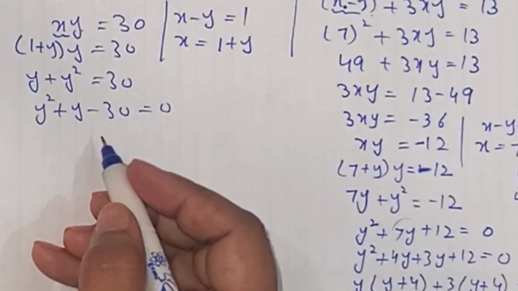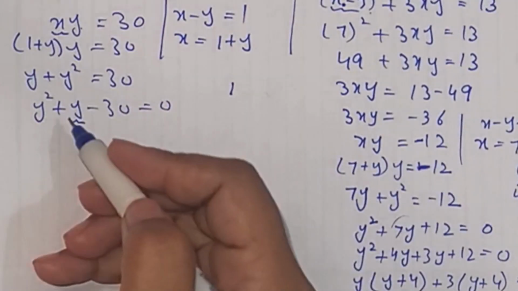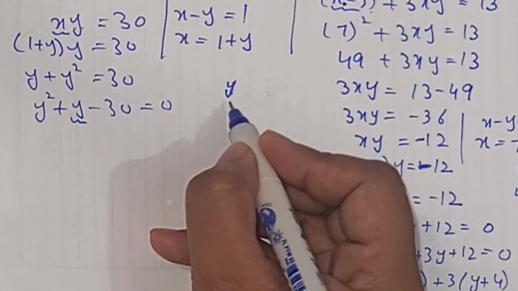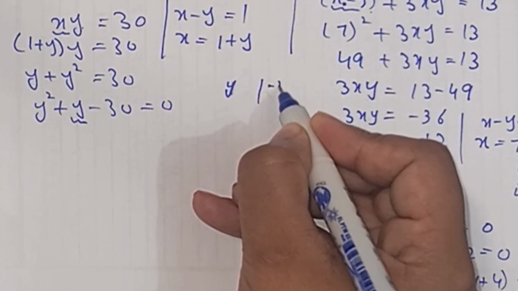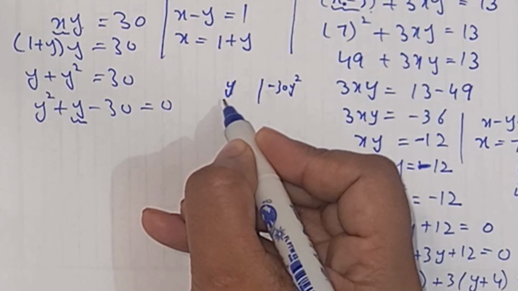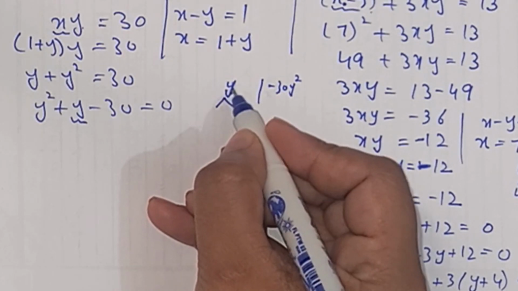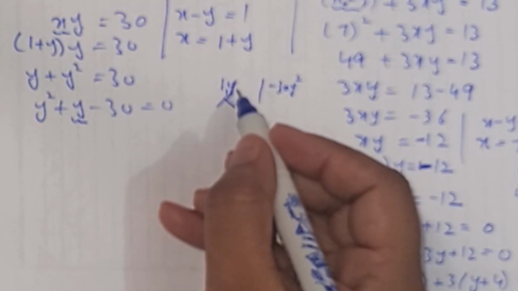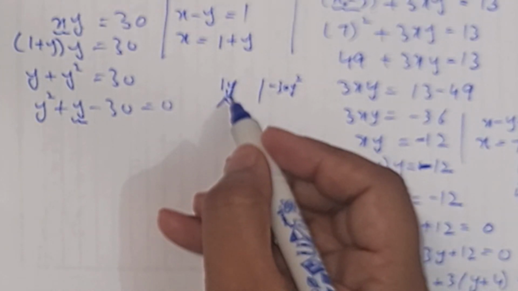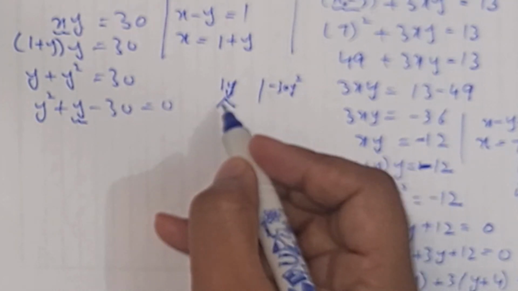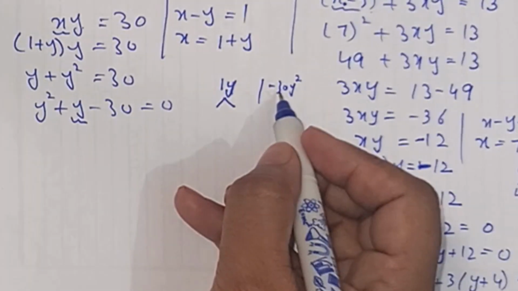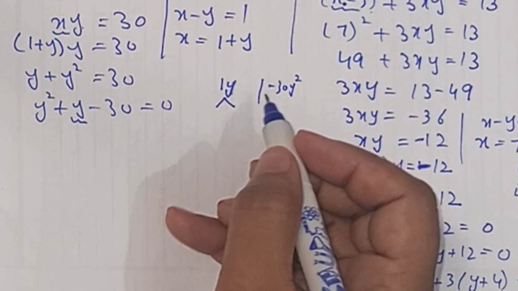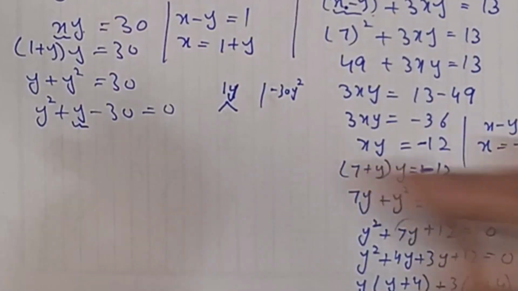And this is a quadratic equation. Look at this middle term. This is y. And if we multiply the first and last term, then we get minus 30 y square. So we split this. The coefficient of this is 1. So we split this 1 times y into two numbers, such that if we multiply these two numbers, then we get minus 30 y square, and if we add these two numbers, then we get this middle value.